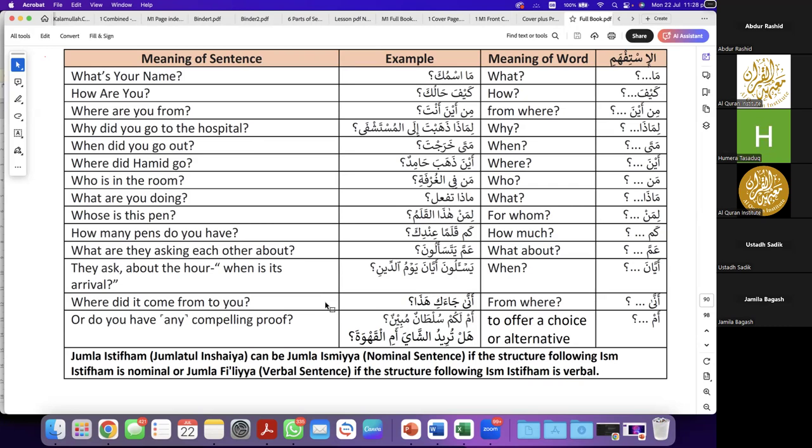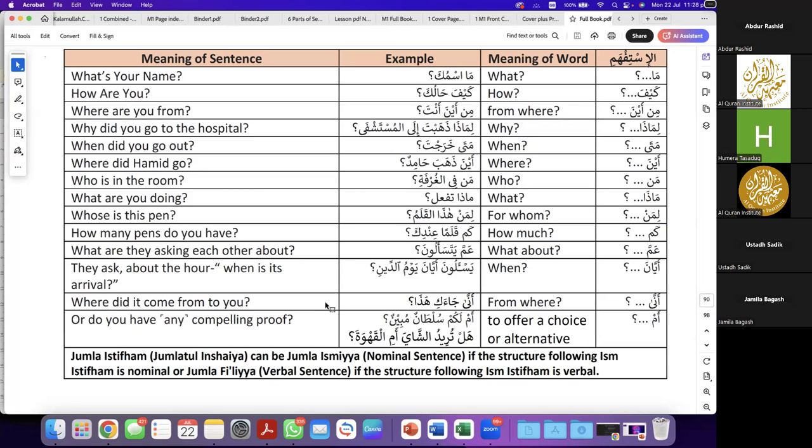I think Brother Muhammad asked a question: the difference between ma, which means what, and madha, which means what. Just briefly, ma will be used to find some kind of identity or to define something. So ma ismuka normally asks, what's your name?